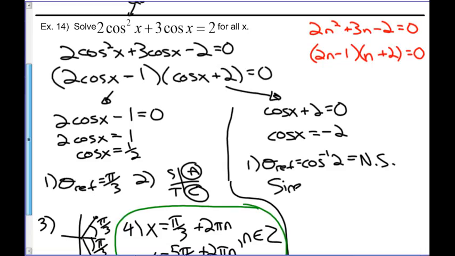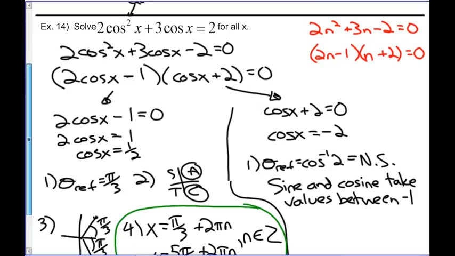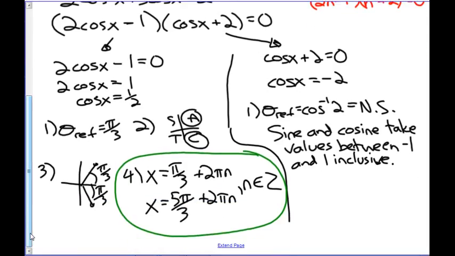Sine and cosine take values between negative 1 and 1 inclusive. Okay, so no solution from the right-hand side elementary equation, but all the stuff that we found in green on the left, that's still good.